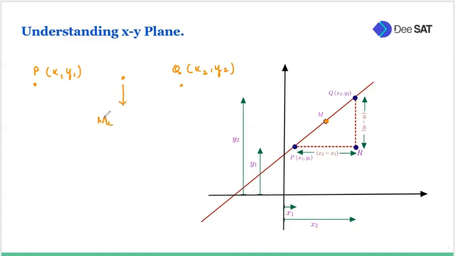The midpoint formula is the average of x and the average of y. That can be written as the coordinates of point M being (x1 plus x2) divided by 2, comma, (y1 plus y2) divided by 2. So these are the two very fundamental formulas that we just described, the distance formula and the midpoint formula, which are very helpful in the SAT examination.